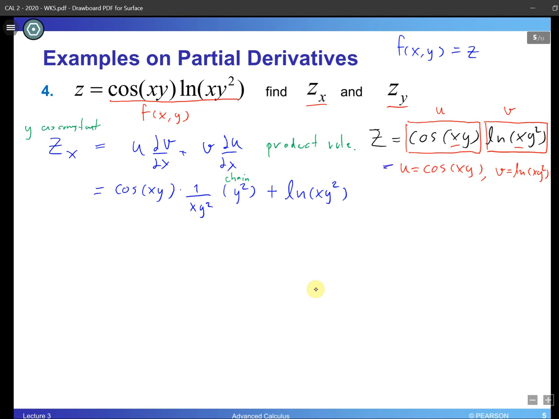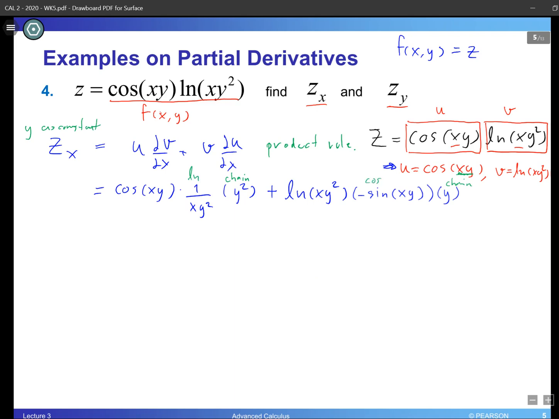As you can see, x is inside, so you are supposed to differentiate cosine first, and that's how you get minus sine, and you keep the inside alone. After that you can perform the chain rule to differentiate the inside of this cosine with respect to x, and that's when you get this y out of that. So the y right here comes from the chain. You can make a note right here: this came from ln, and this came from cosine.